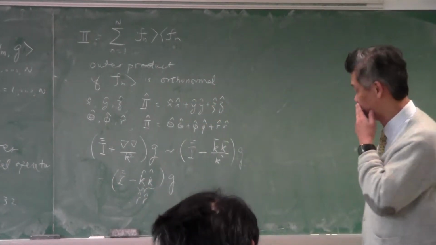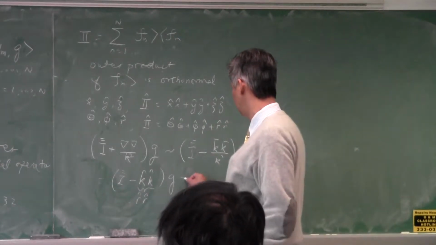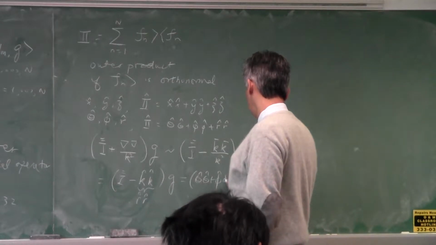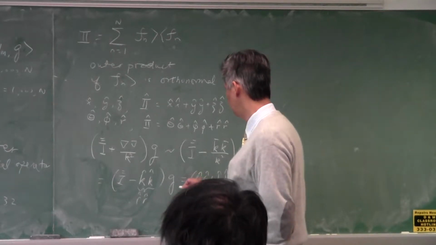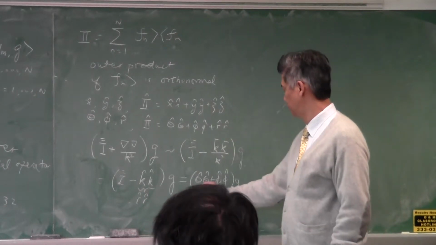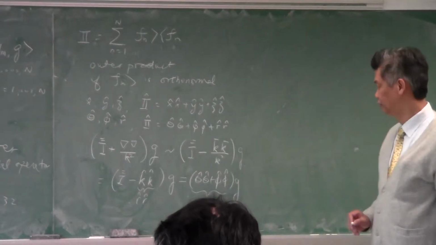Okay, and hence you find that this essentially is theta hat theta hat plus phi hat phi hat in the far field. Okay, so the dyadic Green's function becomes something like this in the far field, which means that we have a transverse field.